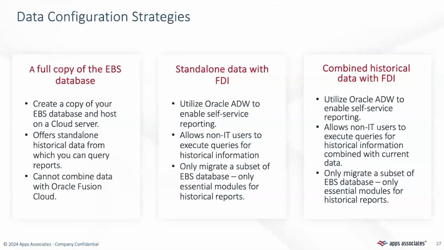Okay, so these are some of the data configuration strategies, as we were talking, right? Let's say you have huge data, like terabytes of data, which you have not cleaned up. This may be the opportunity to streamline how much data you actually need.